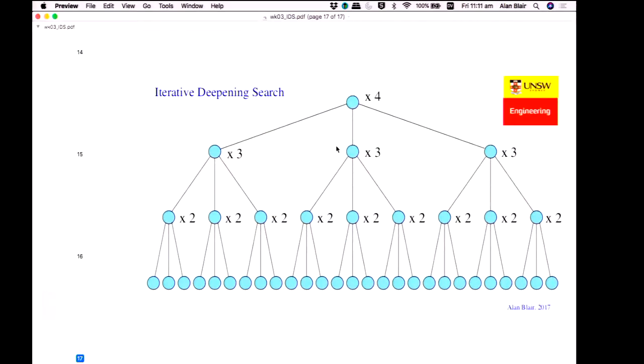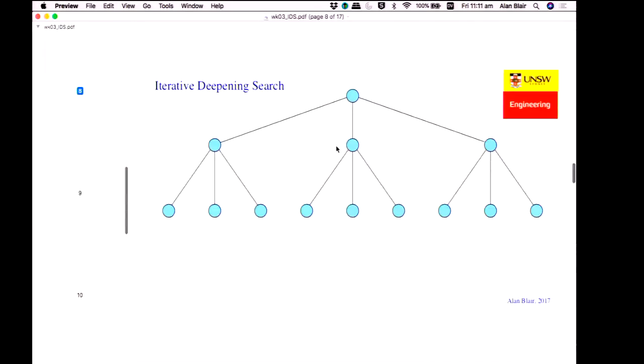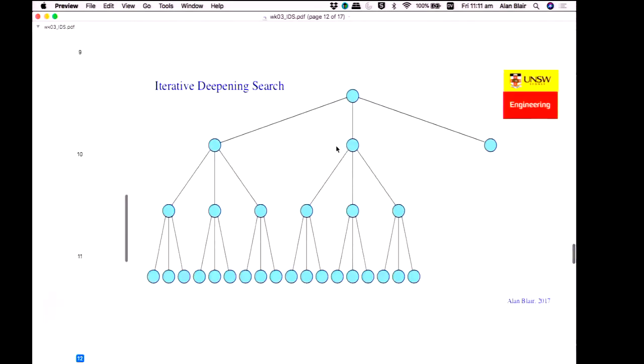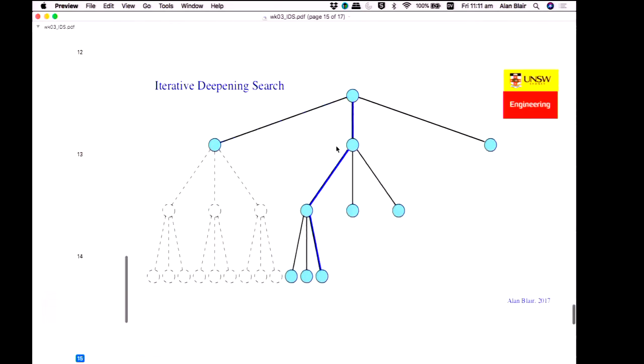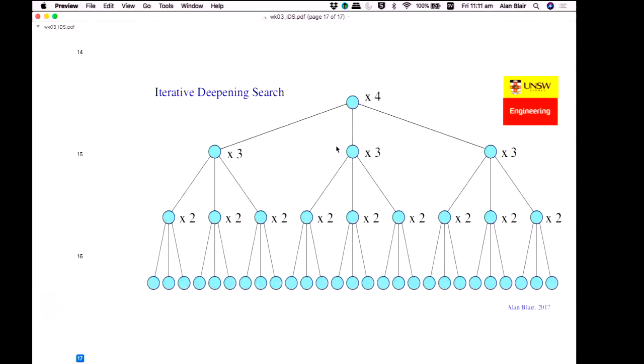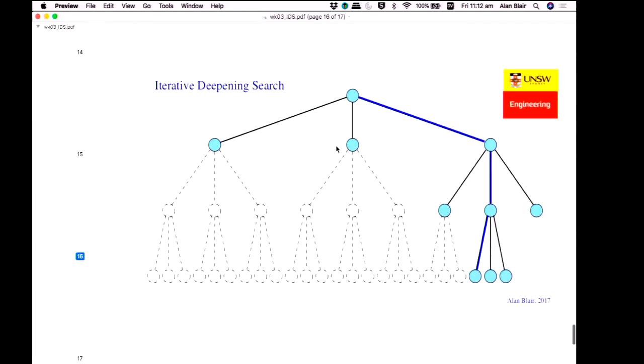Now, let's look at this particular graphic because it helps us with the analysis. Here, the branching factor is 3. When I carried out this process, you'll notice something.